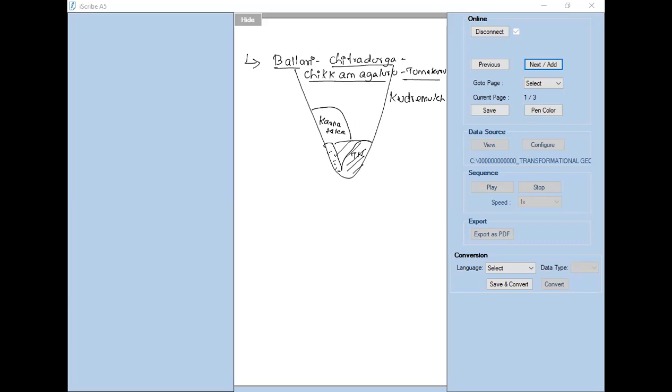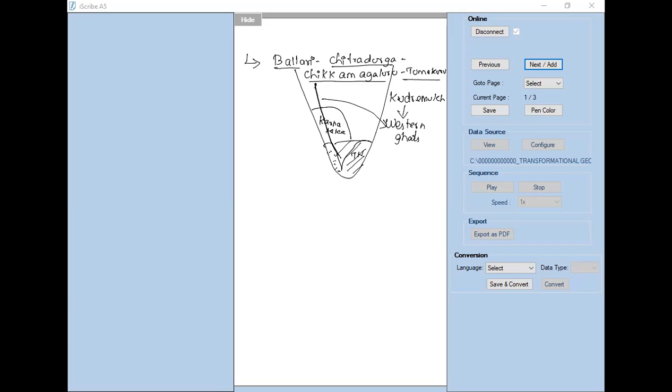Kudremukh mines. Where is it located? Located in the Western Ghats. You see, this is Western Ghats, right? So in these Western Ghats only, there is Kudremukh mines. Kudremukh deposits are one of the largest deposits in the world.